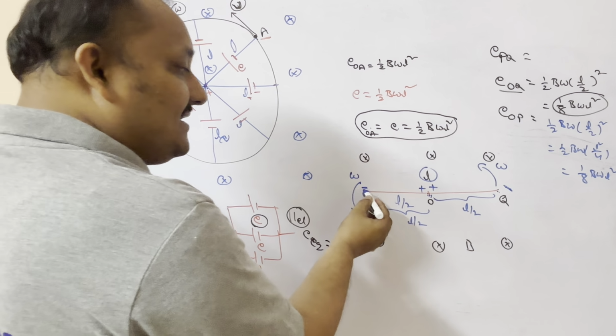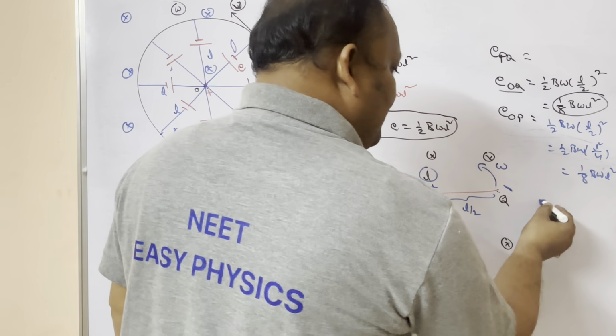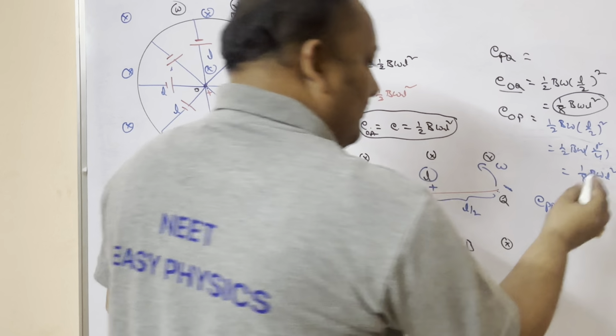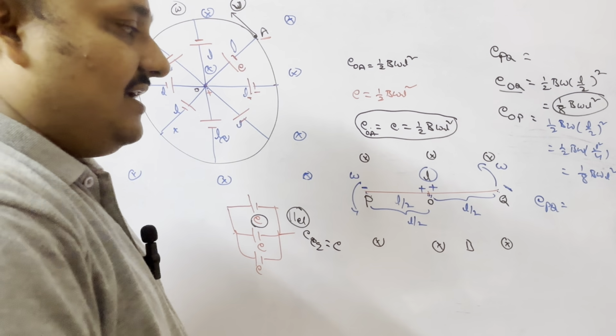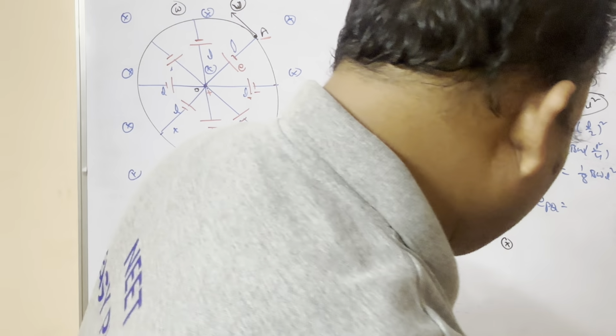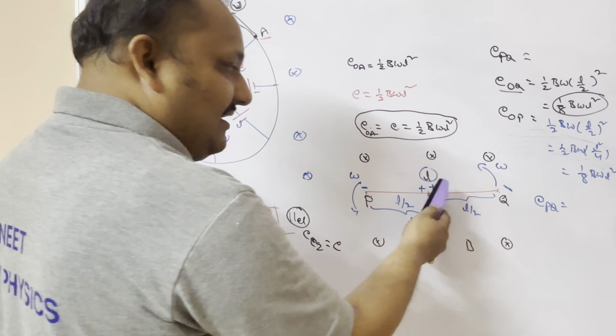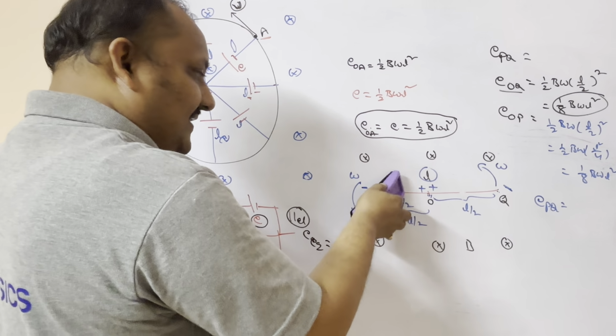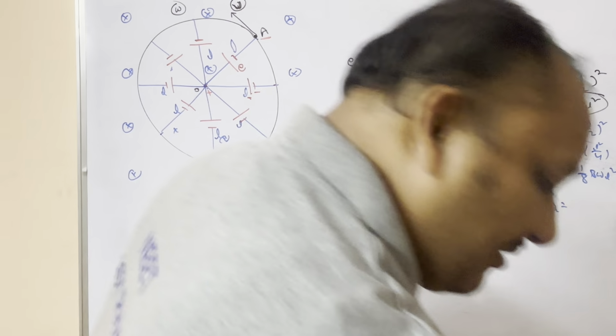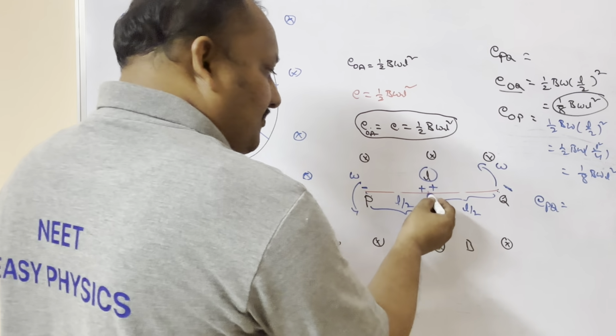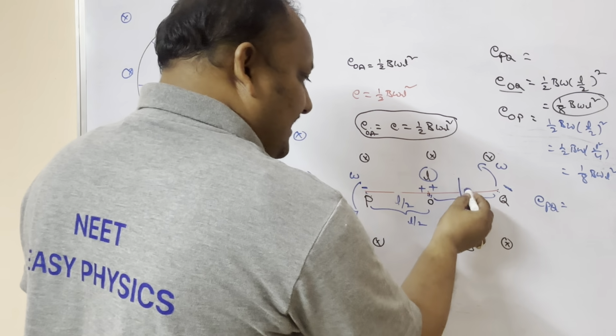Now what is the EMF between P and Q? That is the effective EMF. How are we going to calculate it? Whenever it is rotating like this, one end is negative and the other positive, so you can apply a battery for this. This is the positive end, this is the negative end.